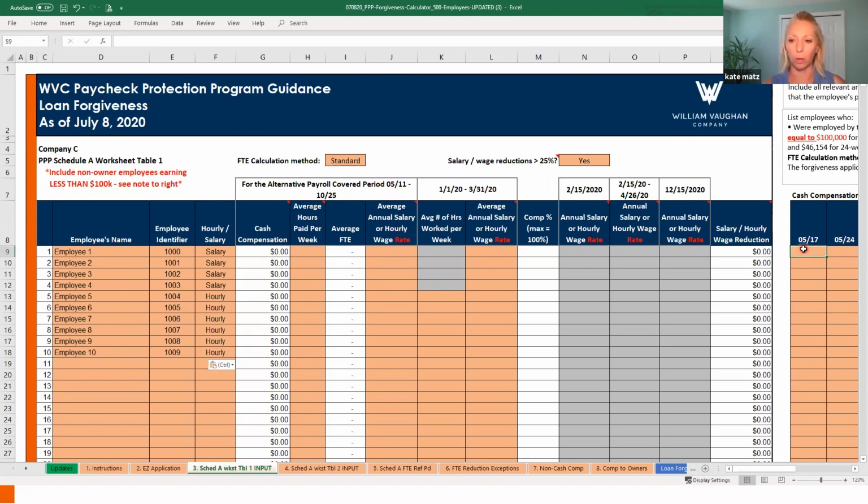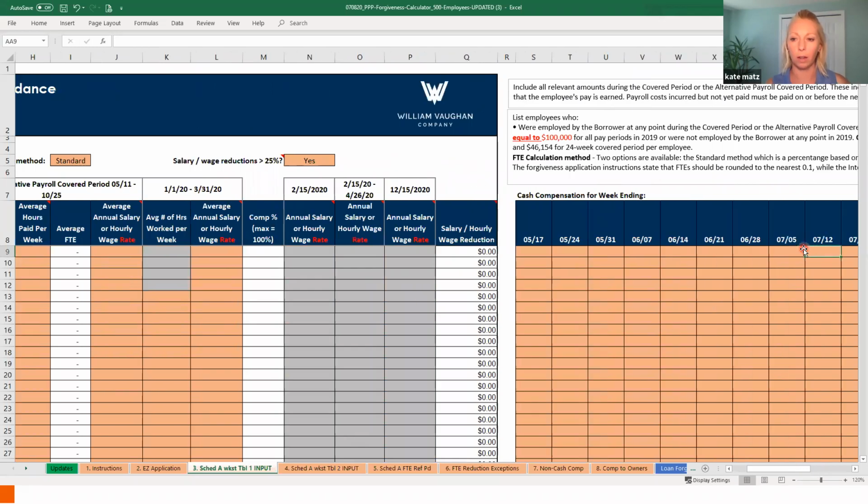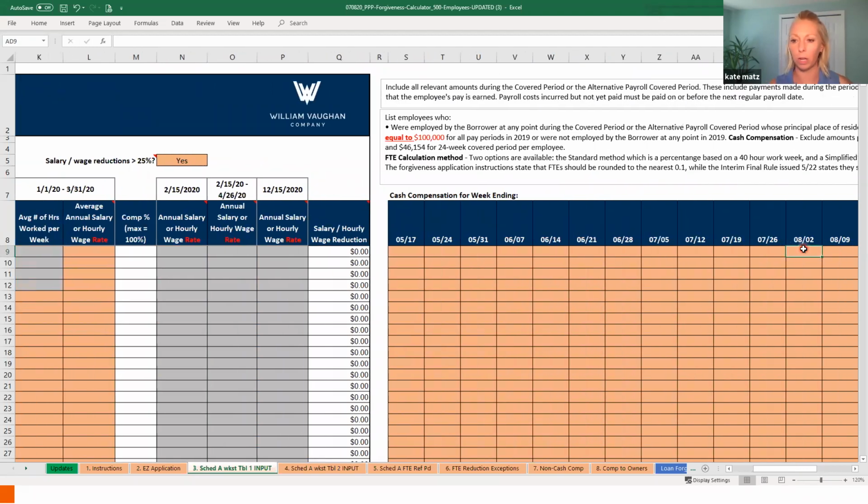So we're actually going to put this information in off to the right, and this has a column for each week. You could go in and put in the amounts that you're paying week by week or every other week or semi-monthly, whatever your payroll cycle is. You could plug in your actuals as you go and then make some forecasts if you're trying to do some planning and track it that way.